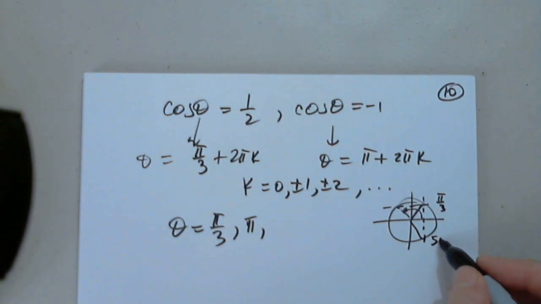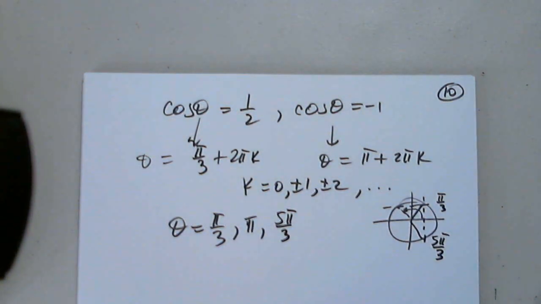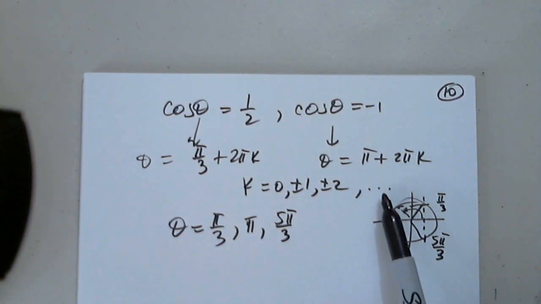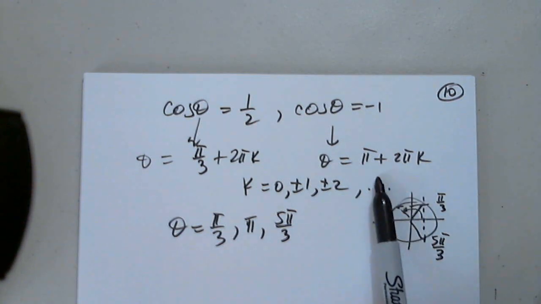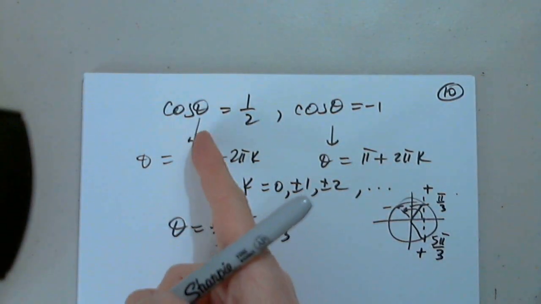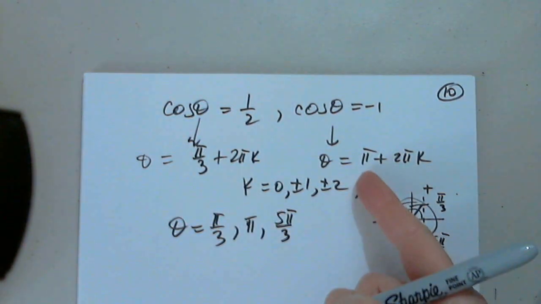Aha, right here, 5 pi over 3. Is there anything else? No, pi over 3 and then pi. So these are the quadrants in which cosine is positive for 1/2: pi over 3 and 5 pi over 3, and pi. This is it.